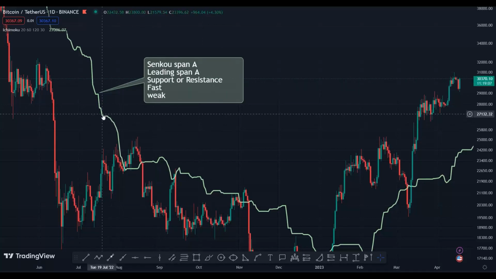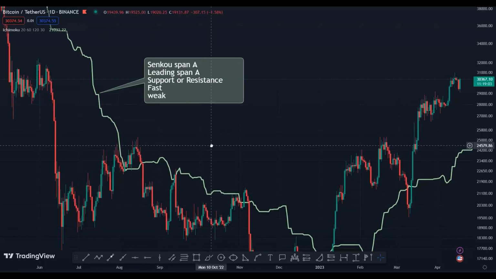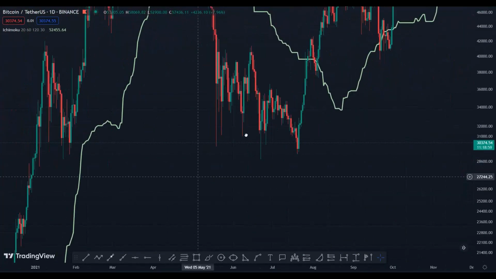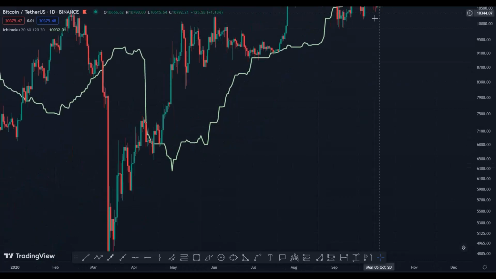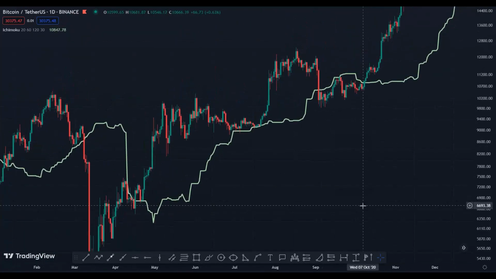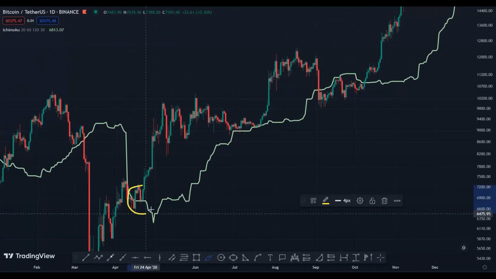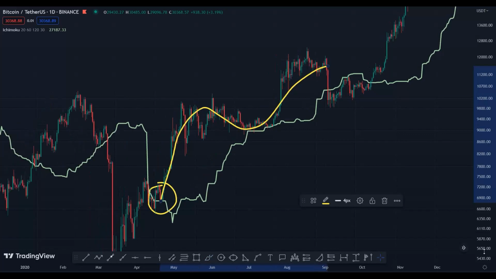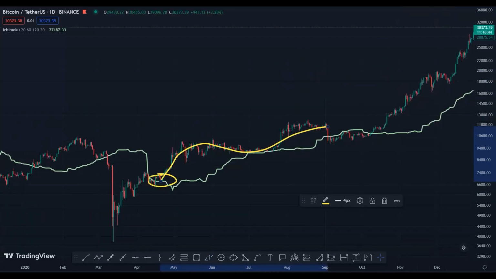It's fast, more sensitive, and weaker compared to the Senkou span B. If price breaks the Senkou span A to the upside, we want to be bullish, like this area. And if we break it to the downside, we want to be bearish.